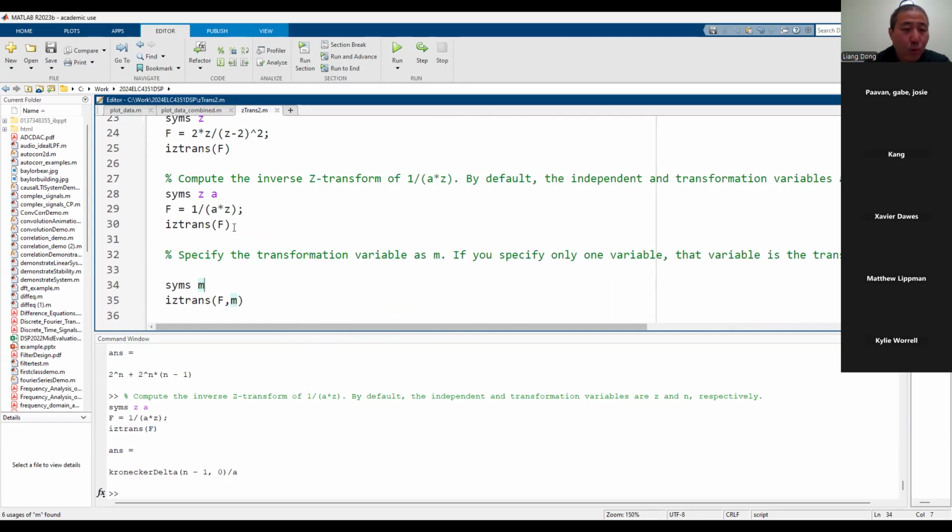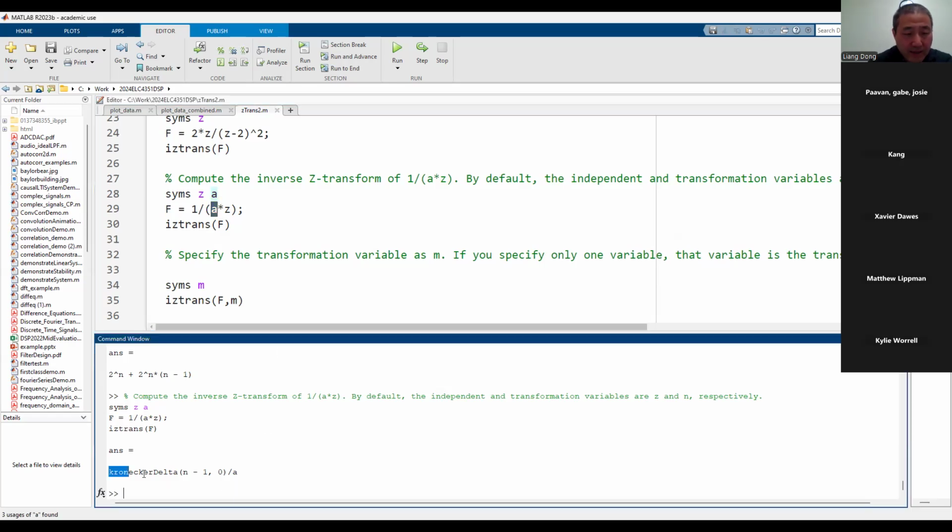This is just one variable if I'm not defining it in my inverse Z transform. By default, it takes z as the transformation domain variable and n as the time domain variable. If you have another symbolic variable a defined, it will just keep that. So I run it, and the answer is canonical delta n minus 1, 0 over a.